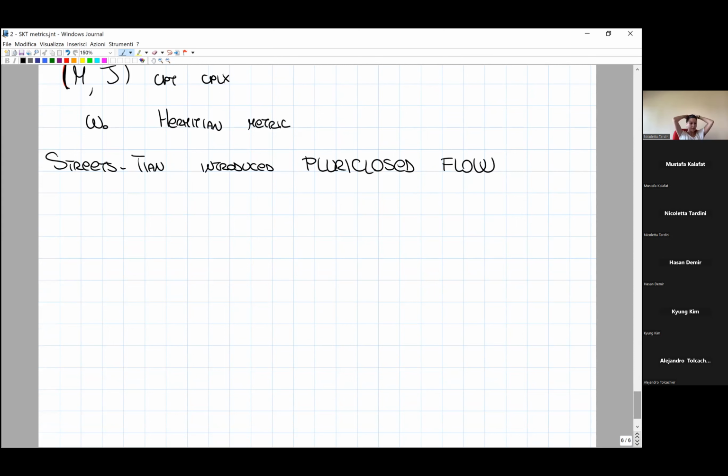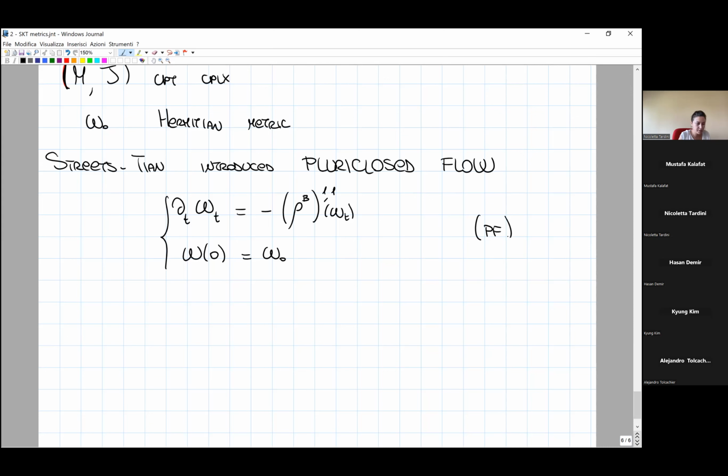It's a parabolic flow of Hermitian metrics. So it's defined this way, del t of omega t. We are flowing this metric depending on t in the direction of the 1,1 part of the Ricci form of the Bismut connection. So this is the Ricci form of omega t, with starting metric omega 0, the one you fix. So I will call this PF, pluriclosed flow.